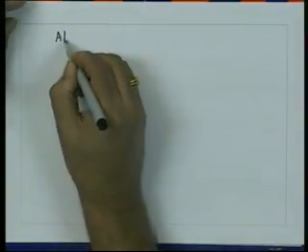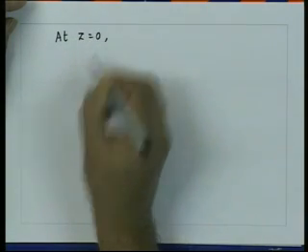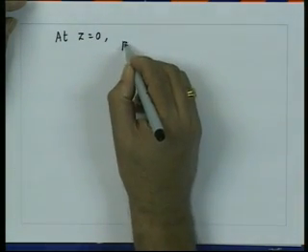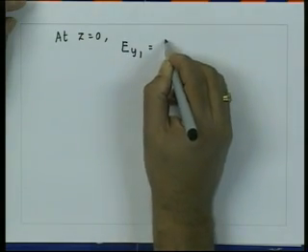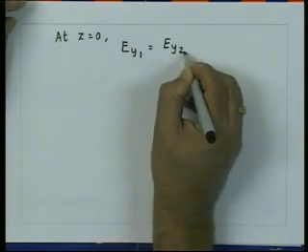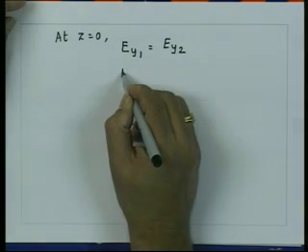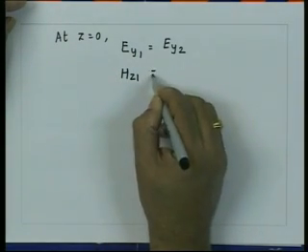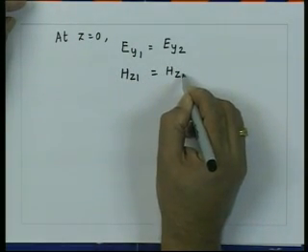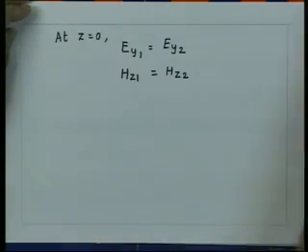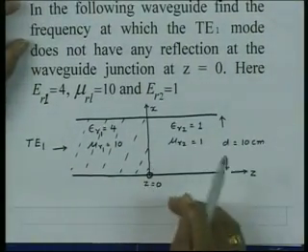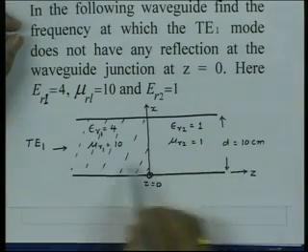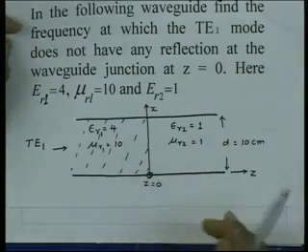So, at z equal to 0, we have E y1 is equal to E y2 and H z1 is equal to H z2. Now, the modal fields will have different phase constants in the z direction, because the medium filling the waveguide is different for z less than 0 and greater than 0.